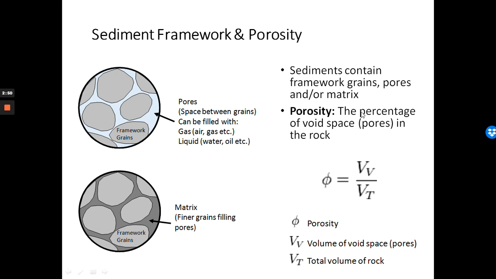Porosity is the percentage of void space. Void space means the pores inside the rock. So the equation is here. Porosity equals the volume of void space, because how many holes you have, in terms of volume, divided by the total volume of the rock, meaning the volume of your grains plus the pores.